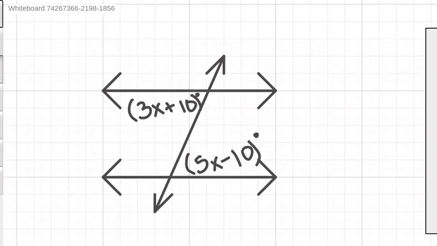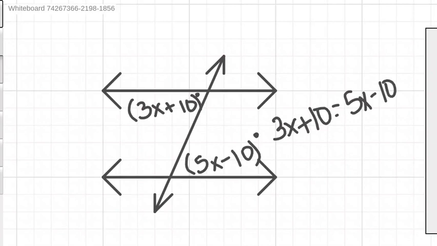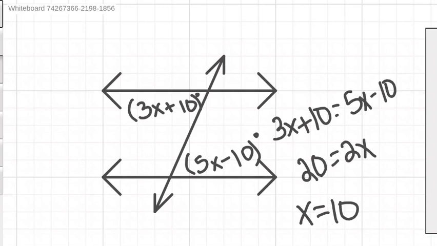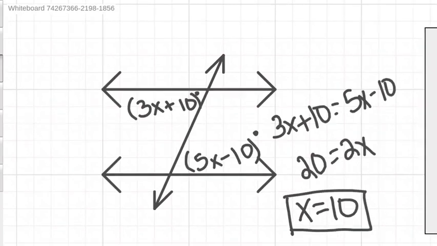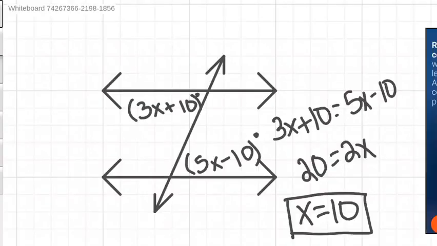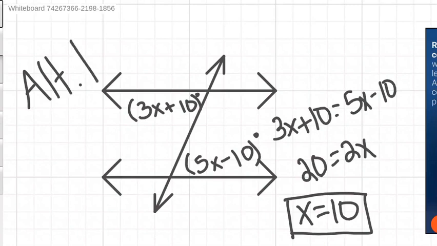So we're going to do 3x plus 10 is equal to 5x minus 10. That's 2x is equal to 20, which would make x equal to 10. And we know that this whole thing is alternate interior, so we'll write that down.